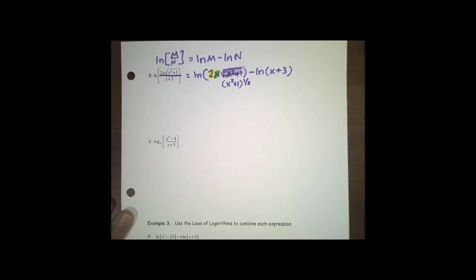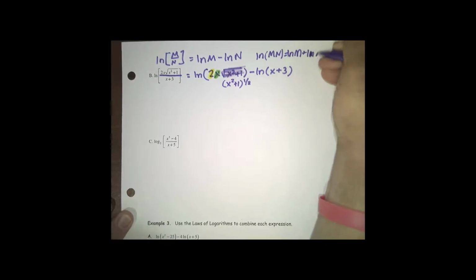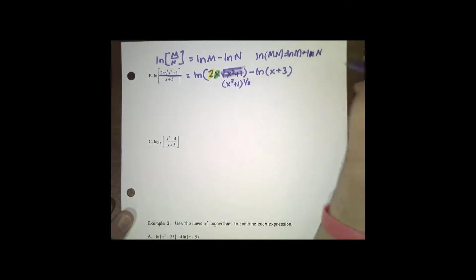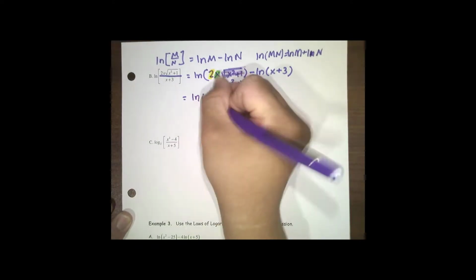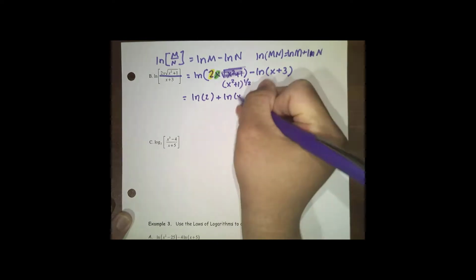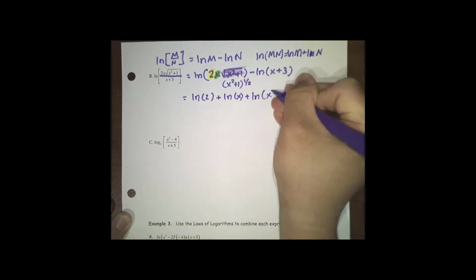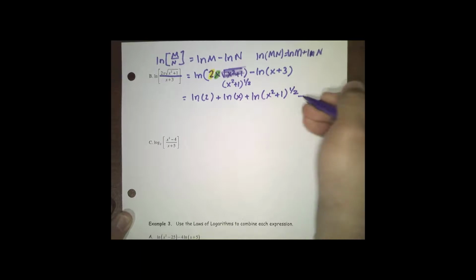Remember that natural log of m times n is natural log of m plus natural log of n, but I have 3 factors, so I'll just use another logarithm over here. So natural log of 2 plus natural log of x plus natural log of x squared plus 1 to the 1/2 power minus natural log of x plus 3.